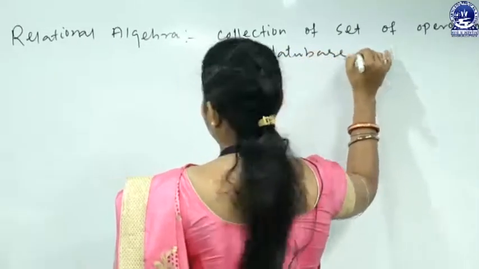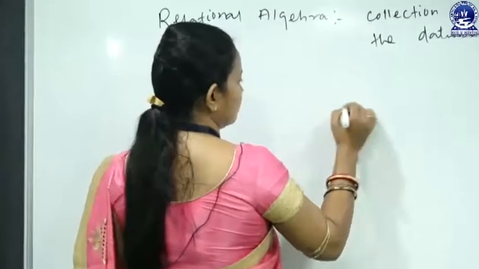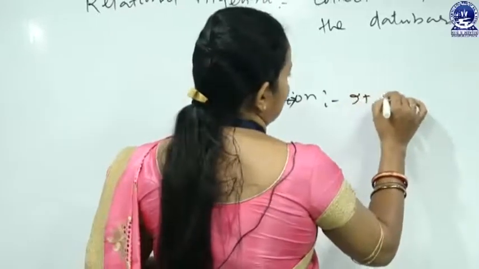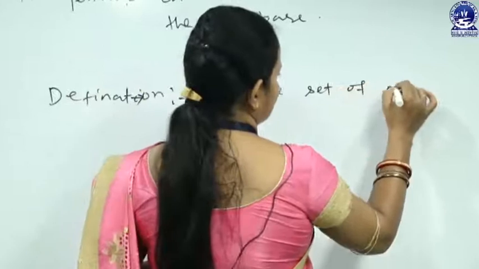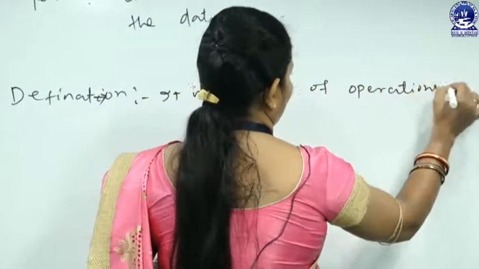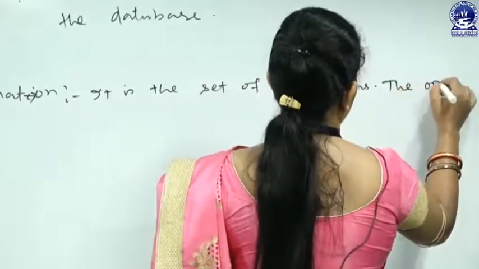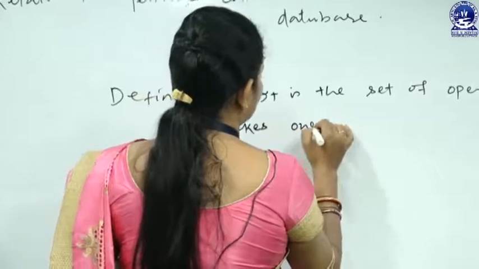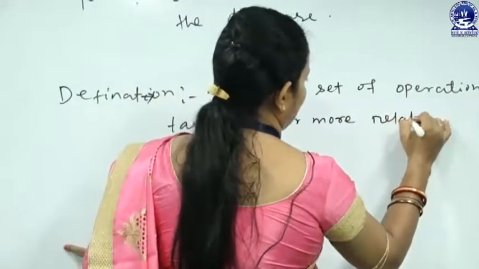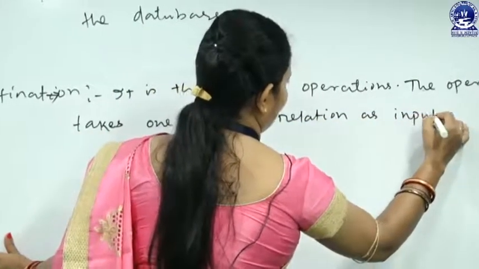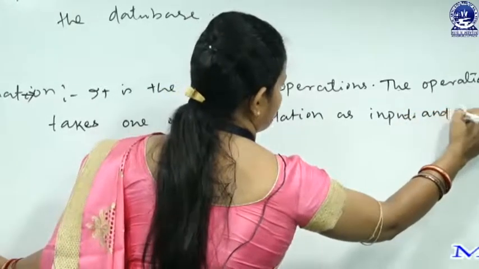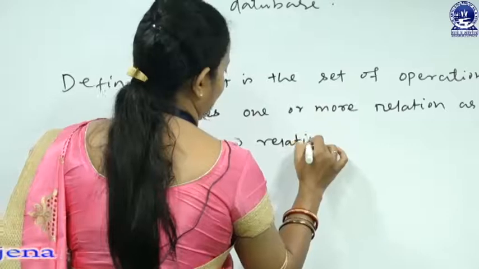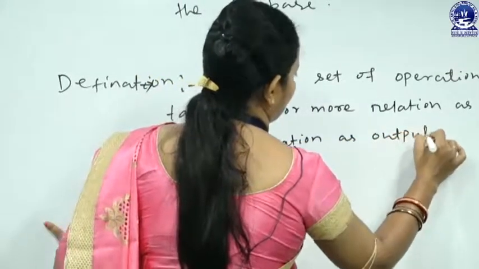The definition is: it is a set of operations, and the operation takes one or more relations as input, and returns a new relation as output. Okay?